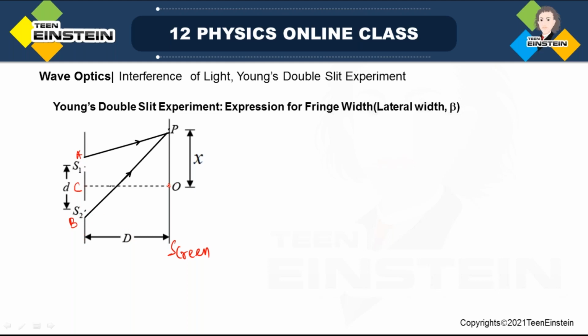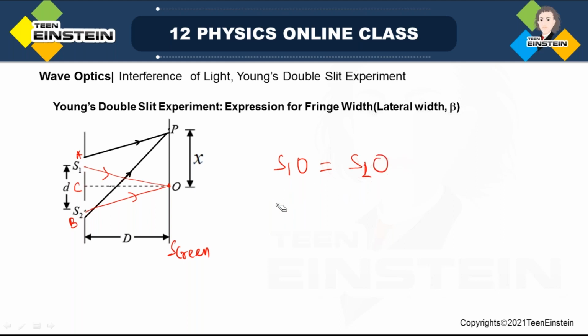Now, since this O point is on the perpendicular bisector of the slit, the distances S1O and S2O are actually the same.